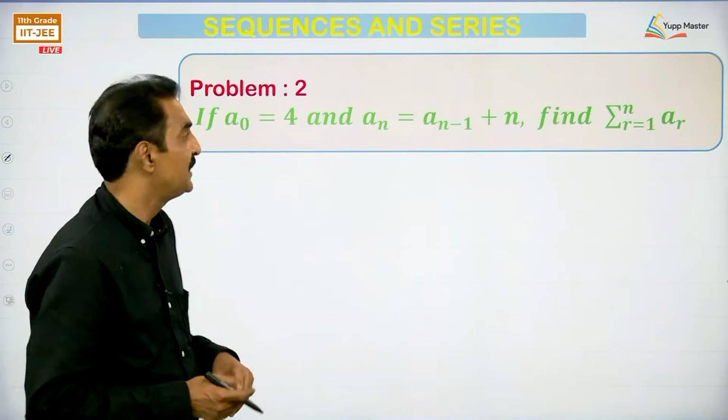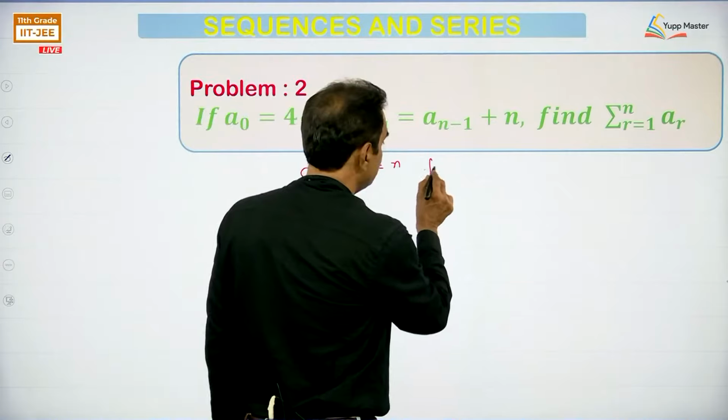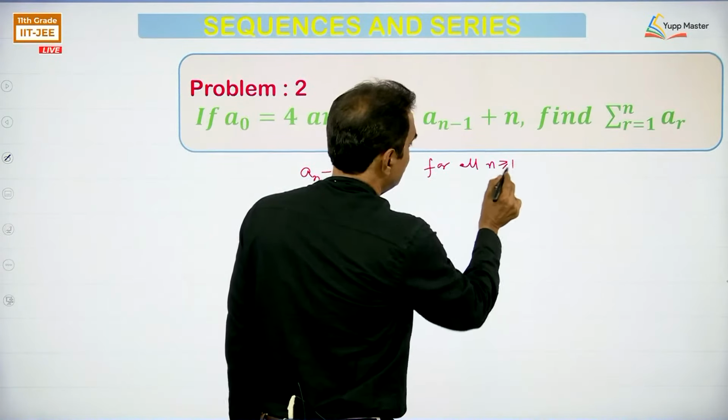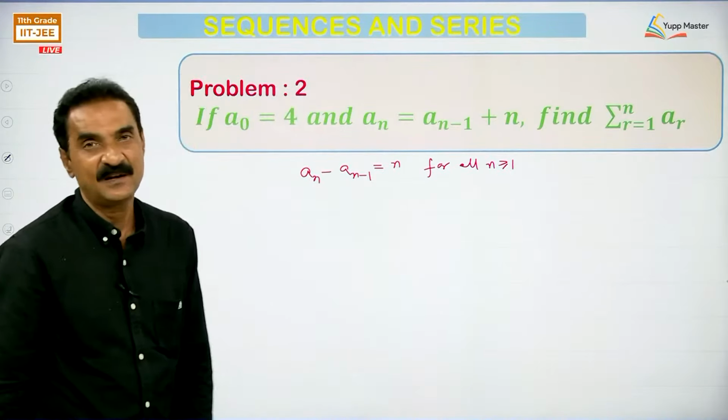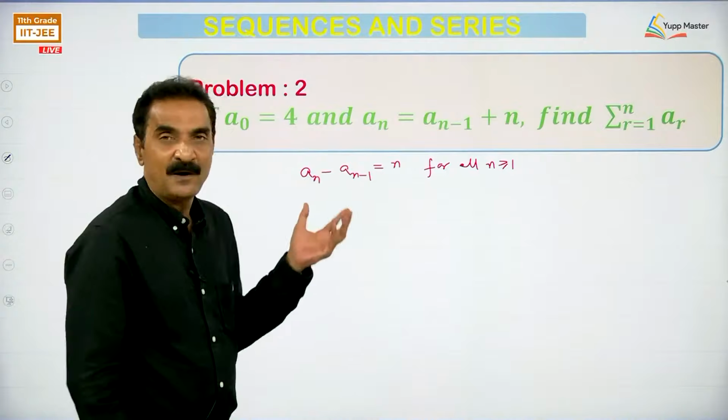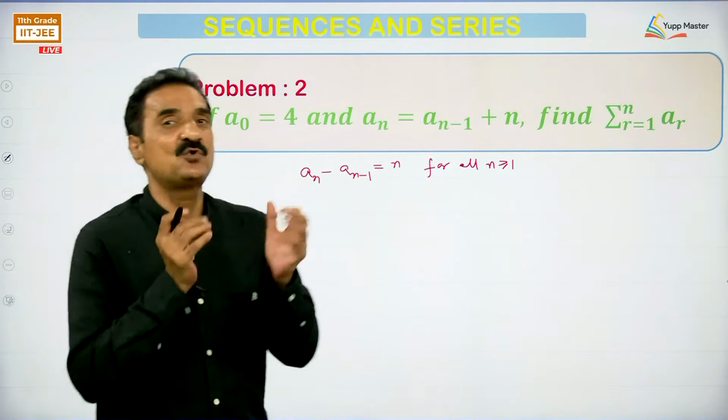You can write this given relation as an minus an minus 1 is equal to n. This is true for all n greater than or equal to 1, for all positive integers n. Now, this is in the form of a general term of a telescoping series.